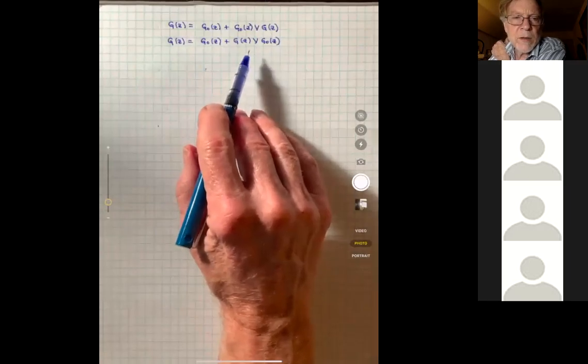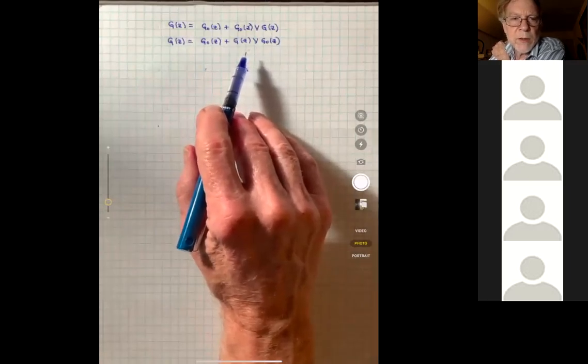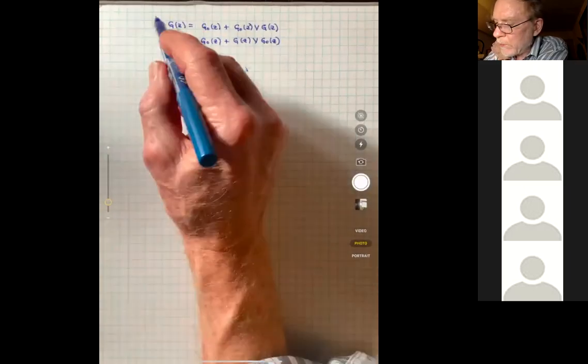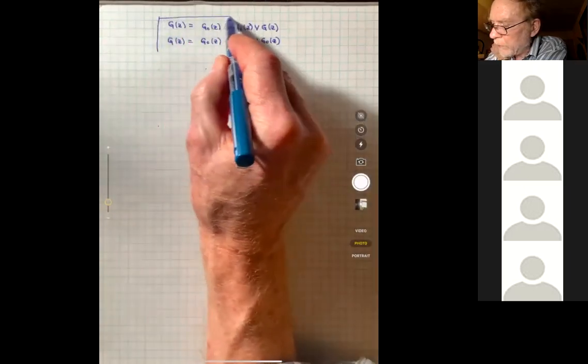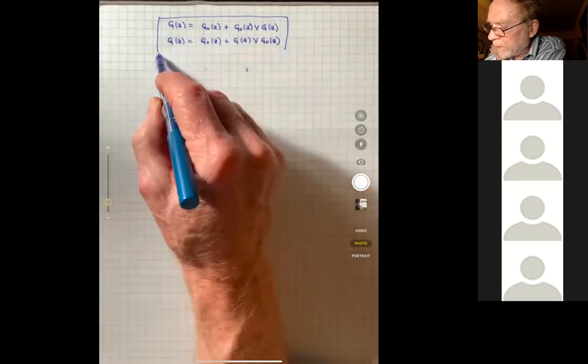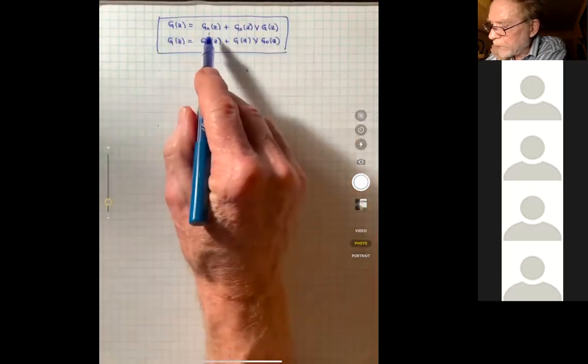It's kind of a surprise that these two things are equal to one another, but they are, as it turns out. Anyway, these are interesting identities involving the exact Green's operator and connecting them with the unperturbed Green's operator.